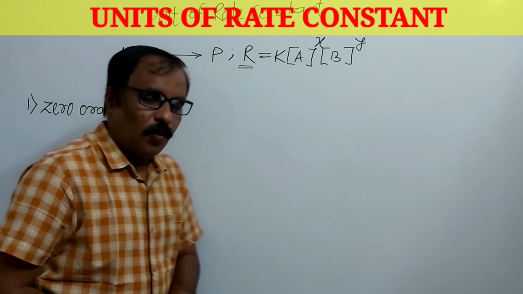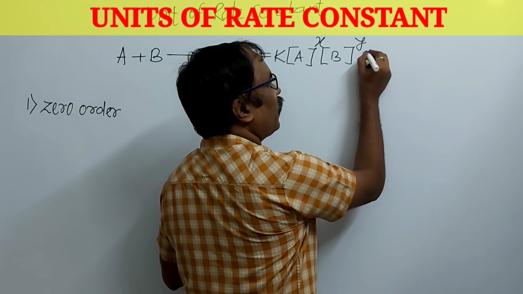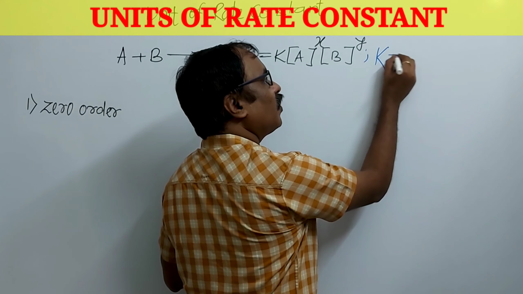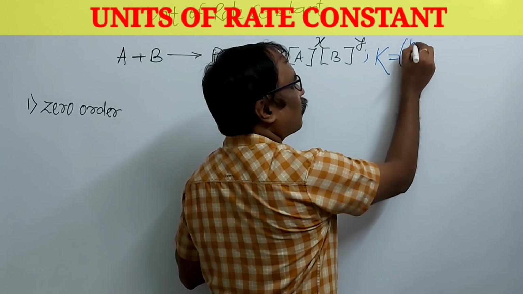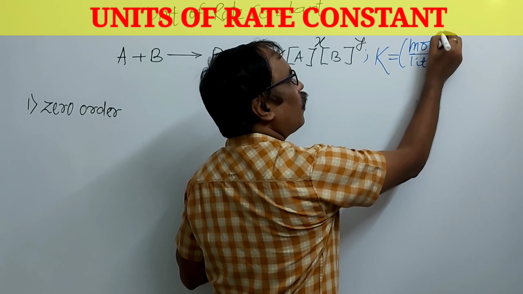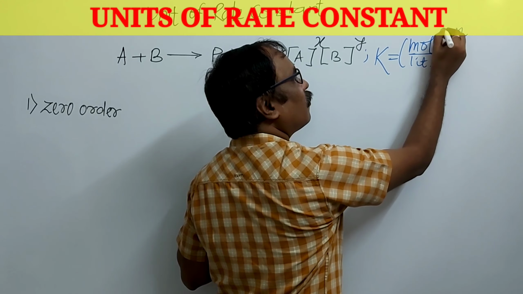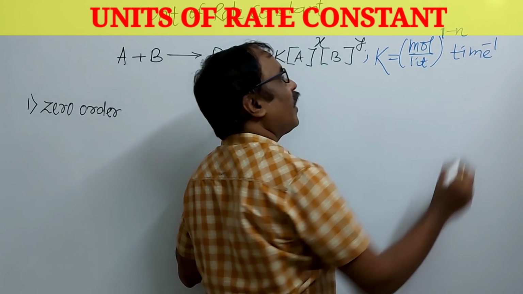Remember one formula to find out the unit of rate constant. Remember the formula: unit of rate constant K is equal to moles per liter to the power 1 minus n into time to the power minus 1, a time inverse.